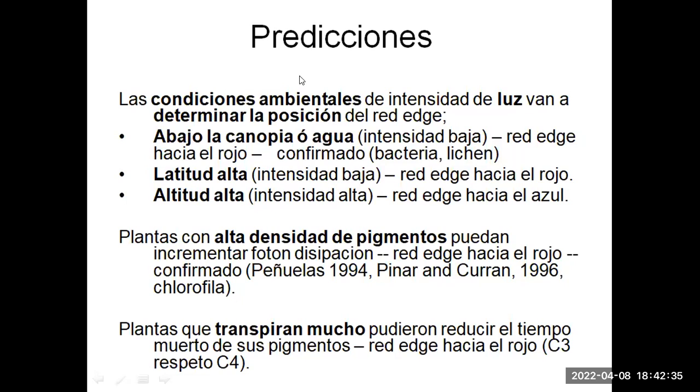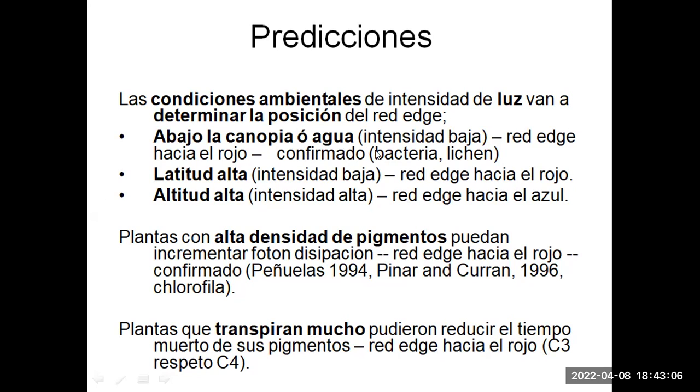So the predictions of this are that the environmental conditions, especially the intensity of light, determine the position of the red edge. So for example, below the canopy or below water, where the intensity of the light is low, the red edge can move towards the red.